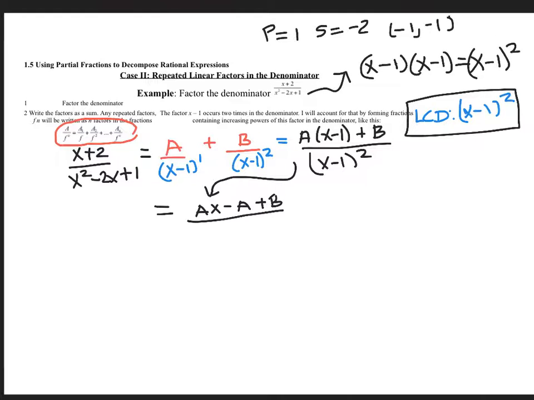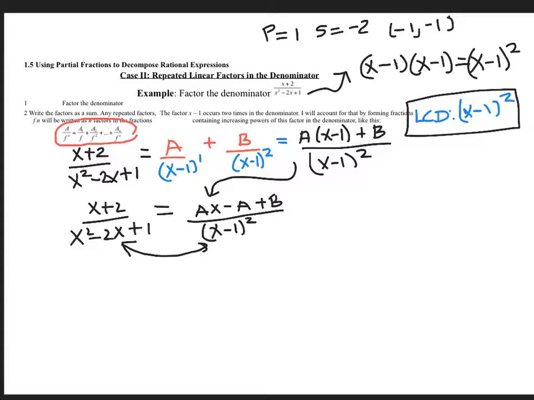and this is equal to, over x minus 1 squared, and I'm going to write my original equation here, x plus 2 over x squared minus 2x plus 1. And note that this denominator is the same as that denominator.